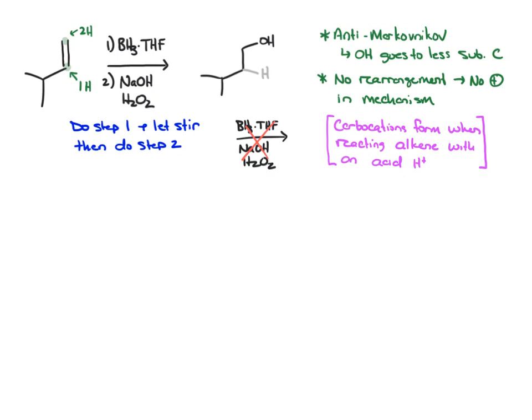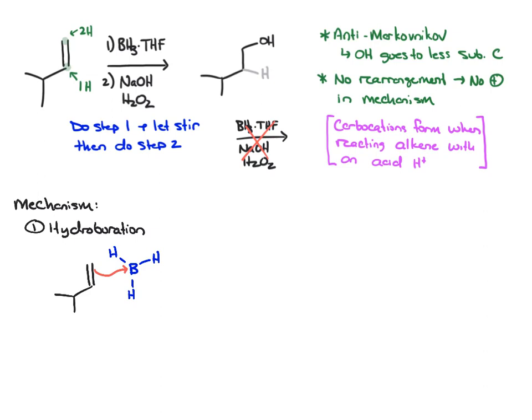So let's walk through the mechanism. We're going to look at the hydroboration step because this is really the reaction that's happening with the alkene. Here's our alkene, and what happens is the BH3 will get into close proximity. And then we're going to draw two arrows because this happens in a single step. The double bond attacks the boron.